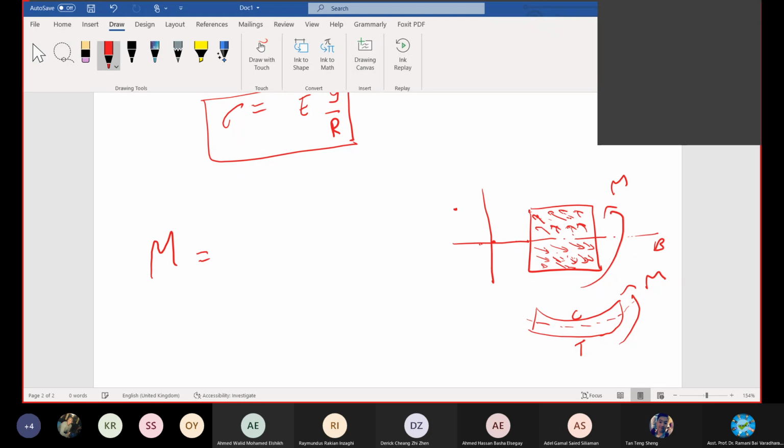You will have a maximum value here, reducing to 0 at this neutral axis. Moving on, it will be in the other direction, reaching a maximum at the outermost layer, in this direction. Compression and tension. This is compression, this is tension. This is the neutral axis.